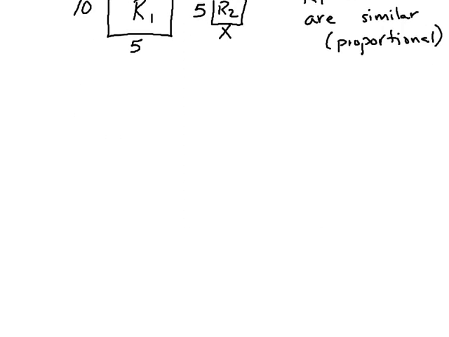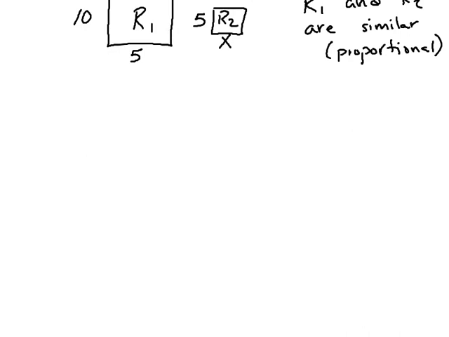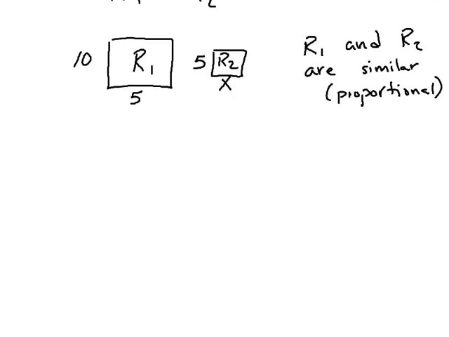So what we would do is we could say that as long as you set up your proportions to where the sides, the top and the bottom for each proportion have the same units or are corresponding to the same side of each object, you're totally fine. So this side corresponds with this side, right? So I could say 10 divided by 5 has to be equal to this side divided by this side.